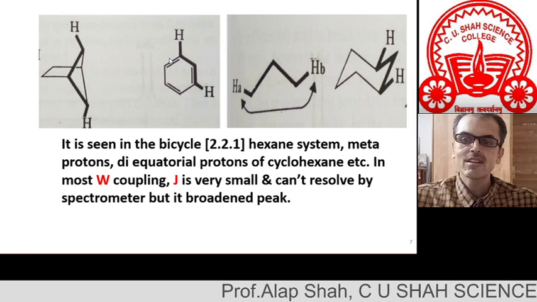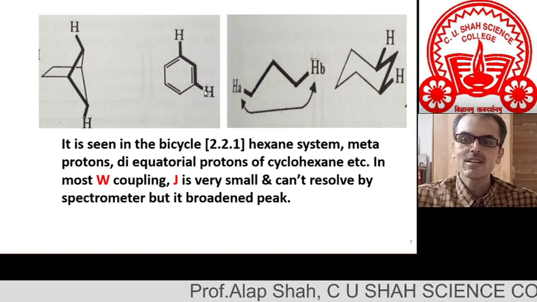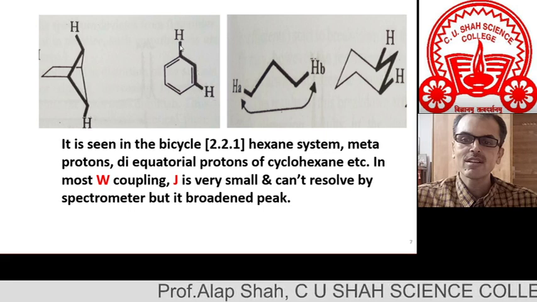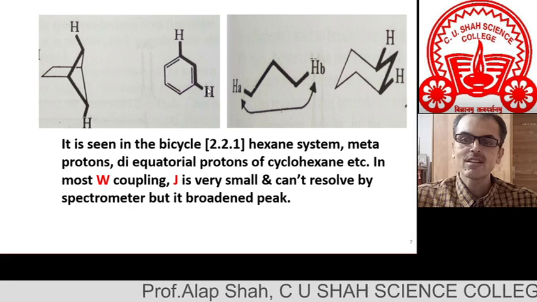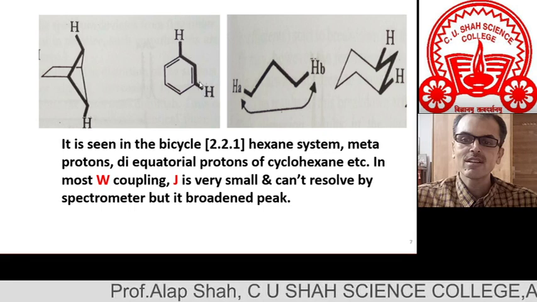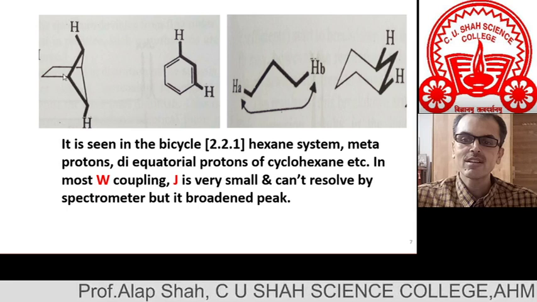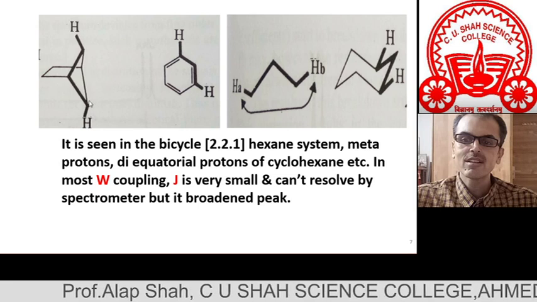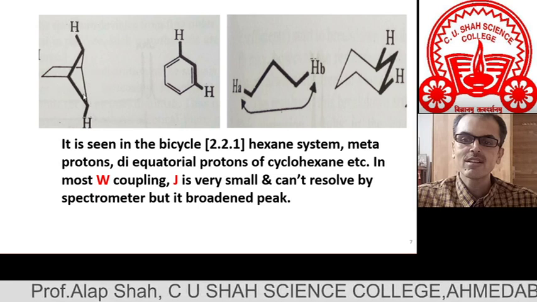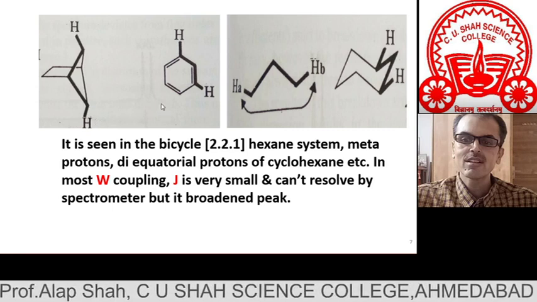Here you can see that these two meta protons are arranged in a W shape. So a weaker long range coupling is seen in them. This example is a bicyclic system, a bicyclo 2.1.1 hexane system. But see, these protons are arranged in a W shape, so long range coupling is seen.